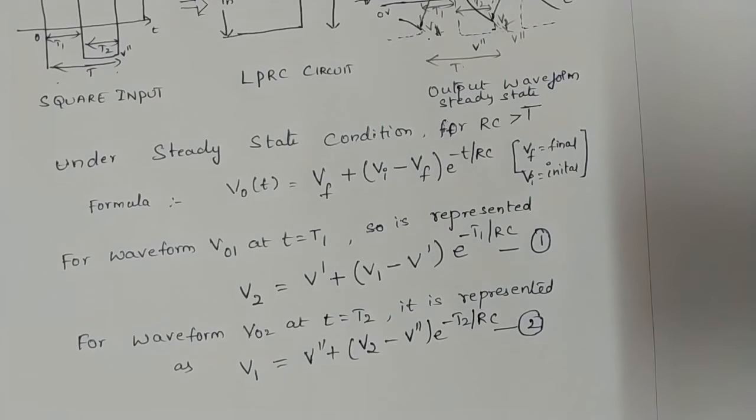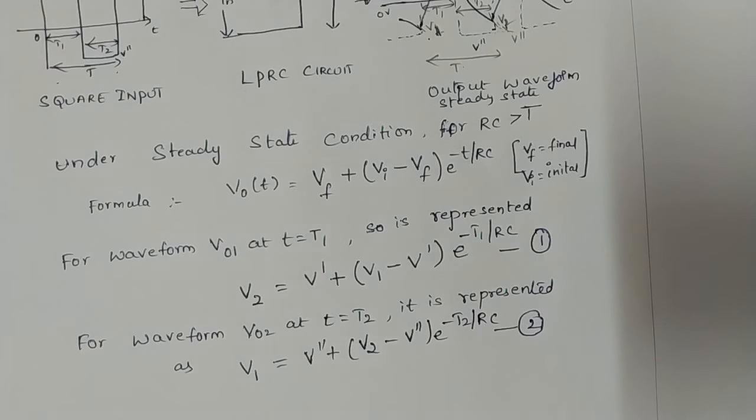When a square wave input is applied to the LPRC circuit, the output waveform will be obtained like this. From this waveform, we have to calculate the steady state condition values, that is V2 and V1. For the steady state condition we have the generalized formula, in which we calculate the V01 waveform and V02 waveform.